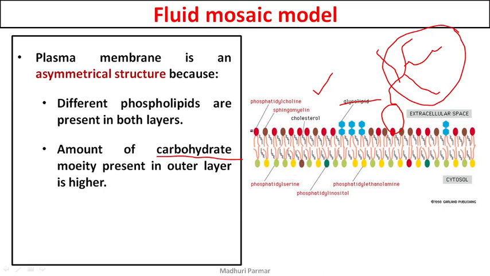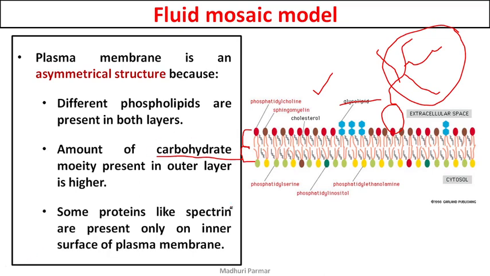This is a bilayer, right? So we're talking about the outer layer and the inner layer and why there is asymmetry. Some proteins like spectrin are present only on the inner surface of the plasma membrane. Spectrin, which has some protein like this called ankyrin, and with ankyrin there will be spectrin running across the cell.